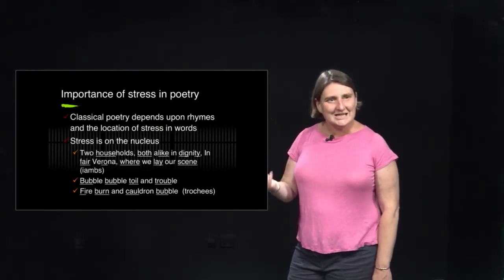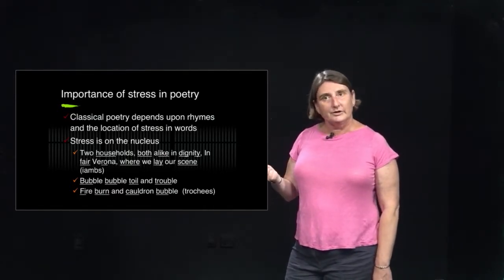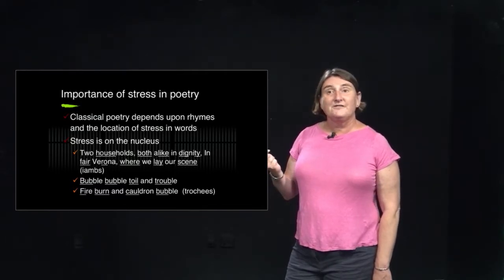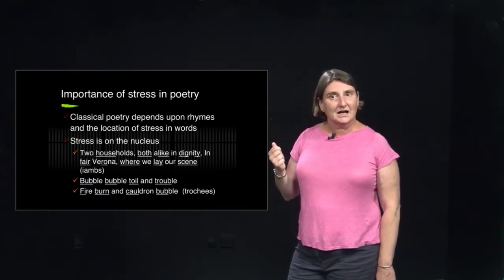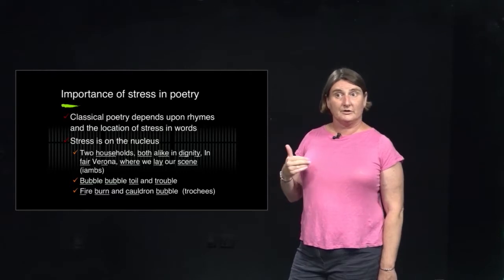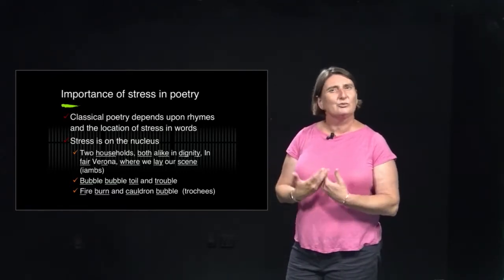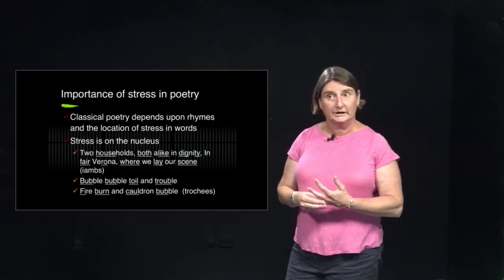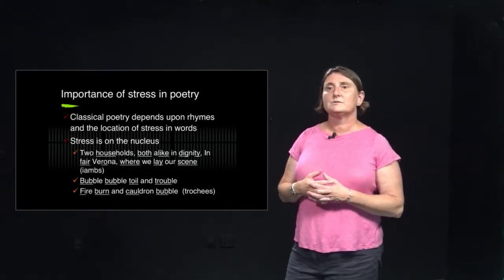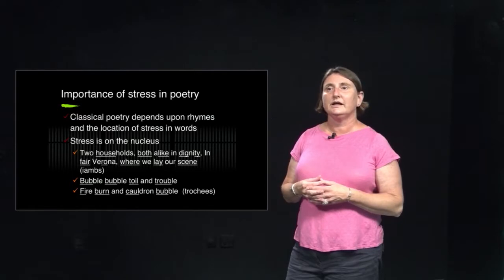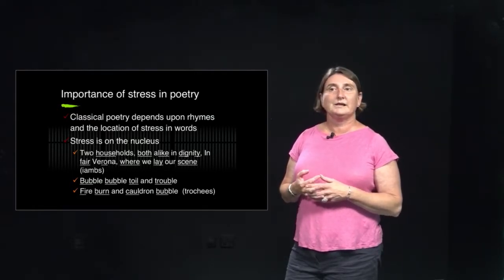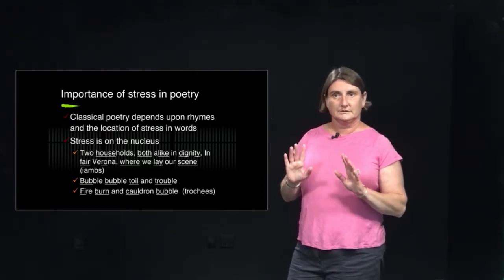And you can see here the really different feeling that you get in these lines depending upon how the stress falls. So the first one with the iambs, which is more like regular standard spoken English: Two households, both alike in dignity, in fair Verona where we lay our scene.